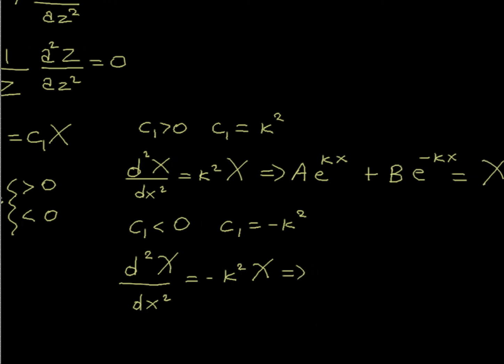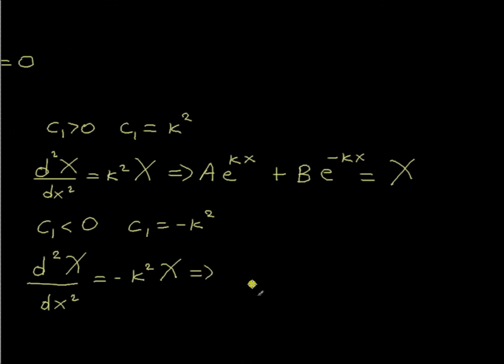Again, if you've taken differential equations, then you already know the answer to this. But I know that when I take the derivative of sine, I get a cosine, and when I take the derivative of cosine, I get minus the sine. So the second derivative of sine gives me minus sine.